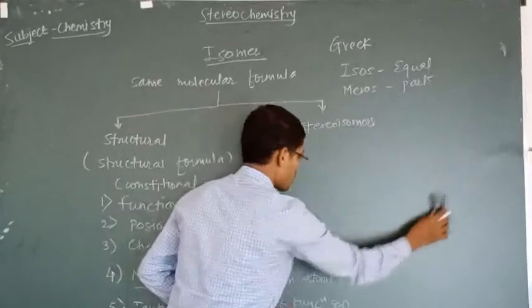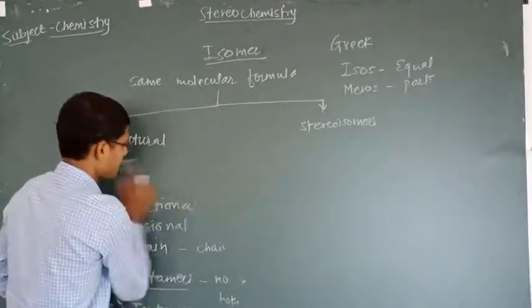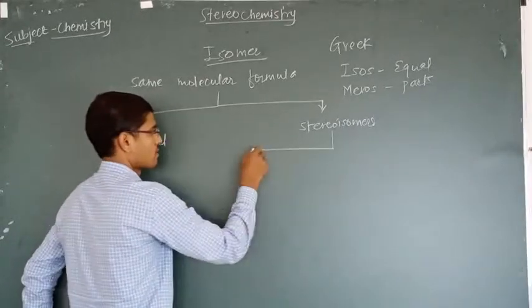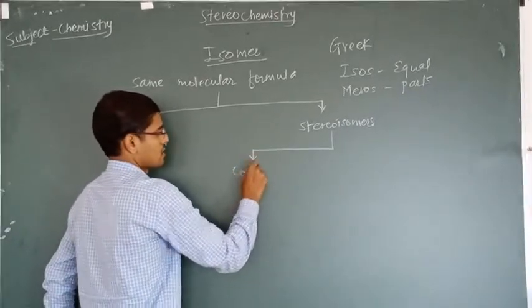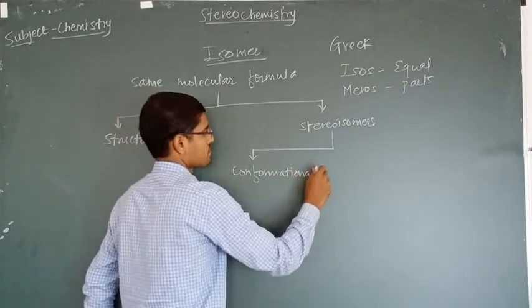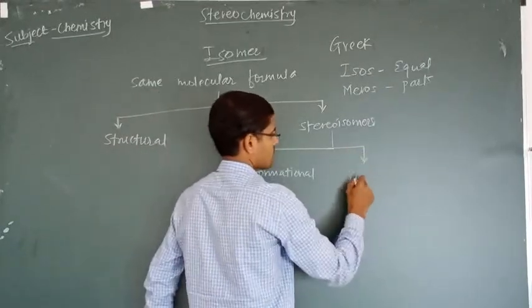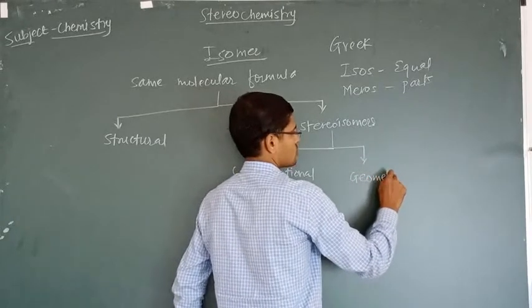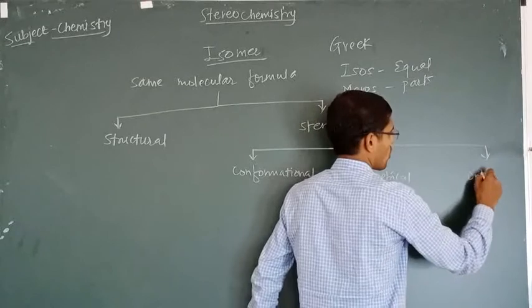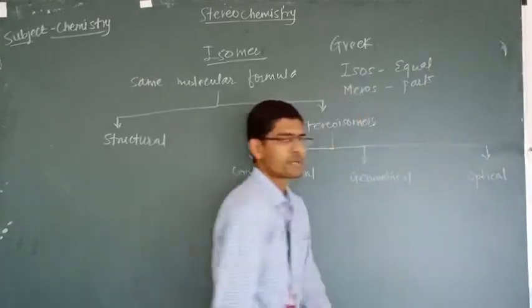Now, stereoisomers can again be categorized into 3 forms. One is conformational isomers, geometrical isomers, and optical isomers.